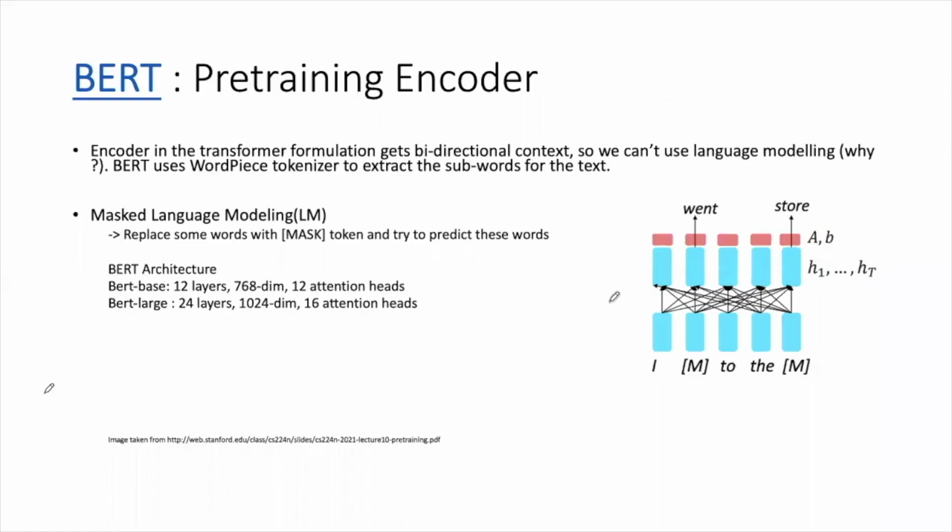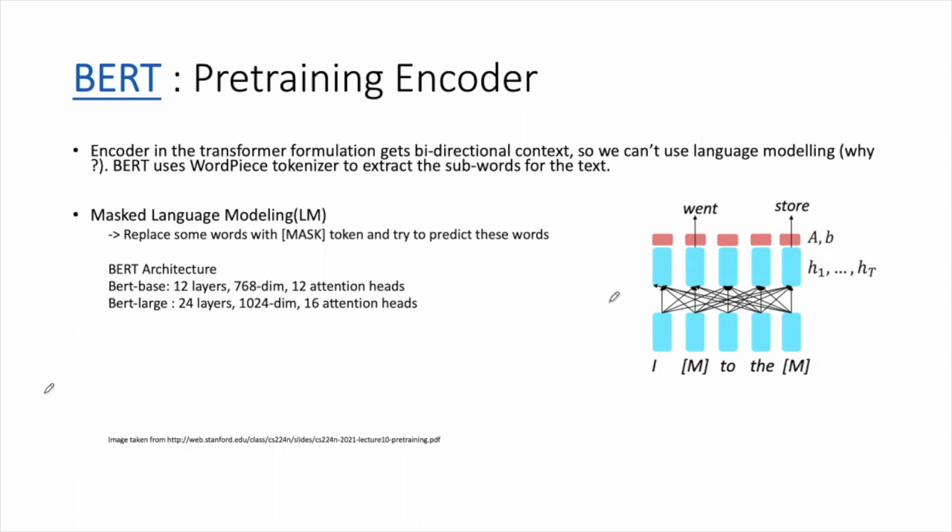Now let's move on to another form of pre-training, which is BERT. BERT is pre-training an encoder. The encoder is a transformer formulation in which bidirectional context can be incorporated. So it's different from a decoder in that way.